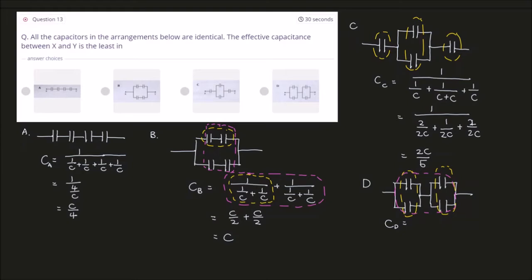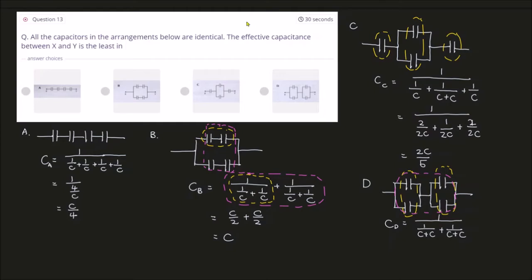There's a parallel combination, which is C plus C. So it's in series right now, so it will be 1 over C plus C plus 1 over C plus C. Let's do it step by step.